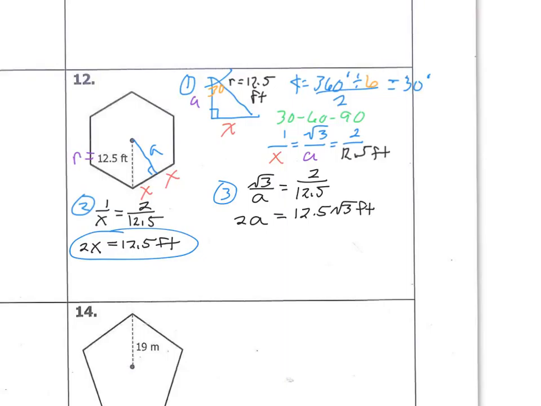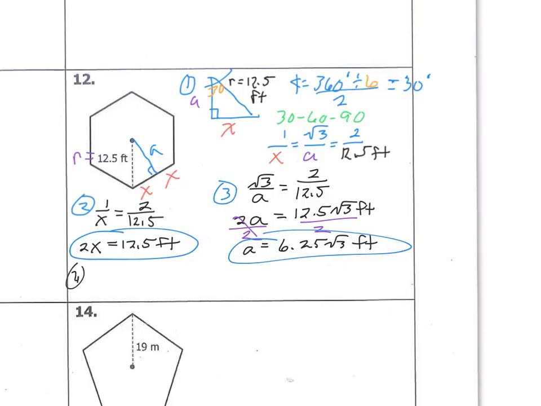But this time I do want to solve for a. So I'm going to divide by 2. And a ends up being 6.25 radical 3 feet. Now I have my apothem. Can't I apply my formula?